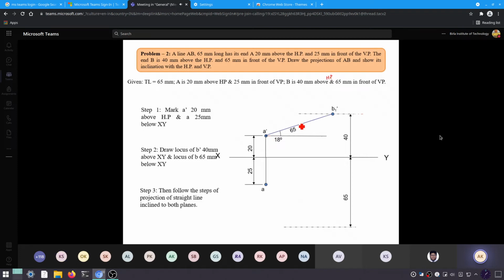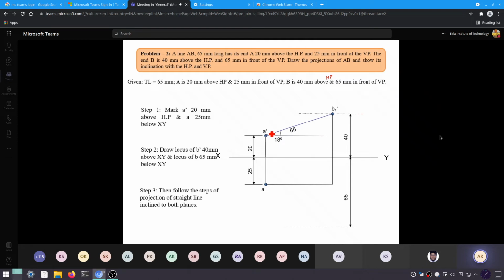From this true length, if we drop B1 dash over the A dash line or A line, the A locus. In the animation it is shown that this line is drawn later, but you have to draw this line first. So the A locus or A dash locus. Then you will drop B1 dash over the A locus.